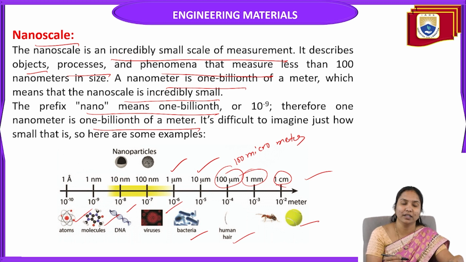It describes objects, processes and phenomena that measure less than 100 nanometers in size. Nano means one billionth, or 10 to the power minus 9, so the nanoparticle size is between 1 and 100 nanometers. These examples are explained by this nanoscale.